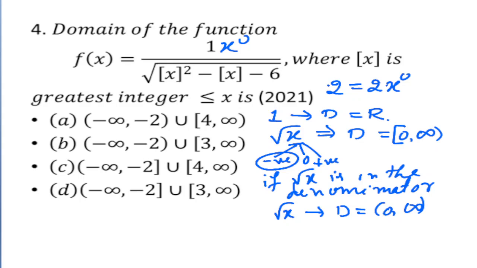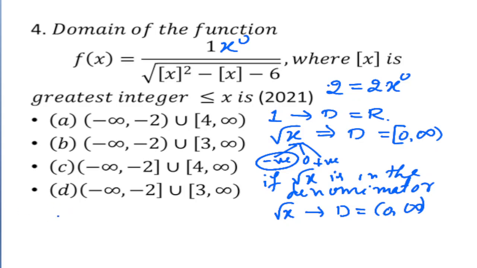Any real number divided by 0 is not defined. So if only the root x function is there, the domain is the set of all non-negative real numbers. If root x is there in the denominator, for the same function, the domain is the set of all positive real numbers. So in the given question, the under root function is there in the denominator. So whatever the function you have under root, that must be greater than 0. If the value of that function is equal to 0, then done. You will get not defined.